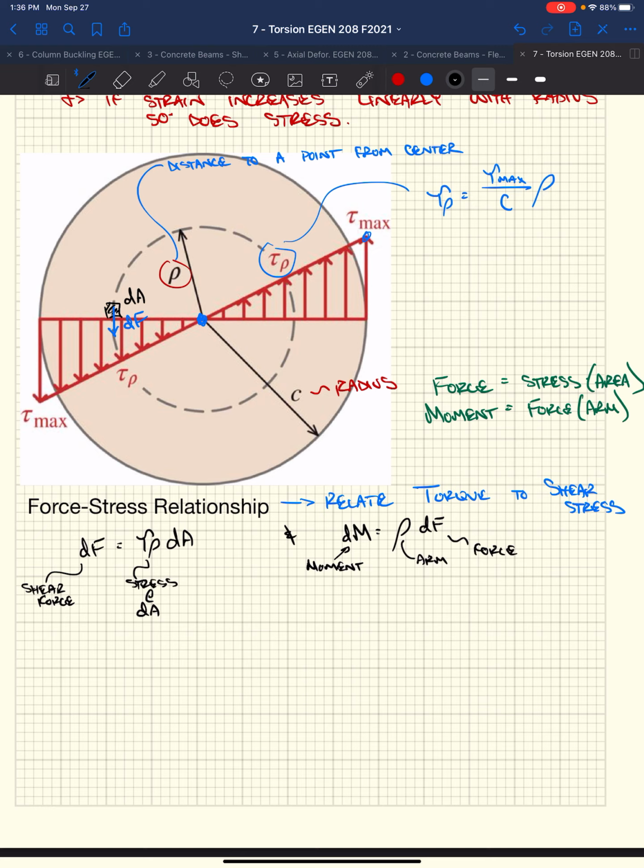Well, now if we take our dF from over here and plug it in, we get dm equals rho times the shear stress at rho times dA.